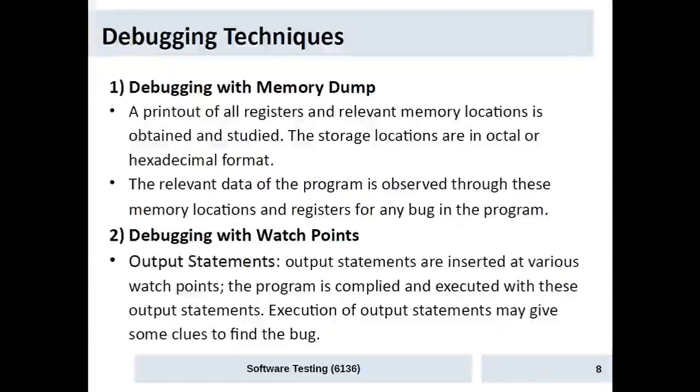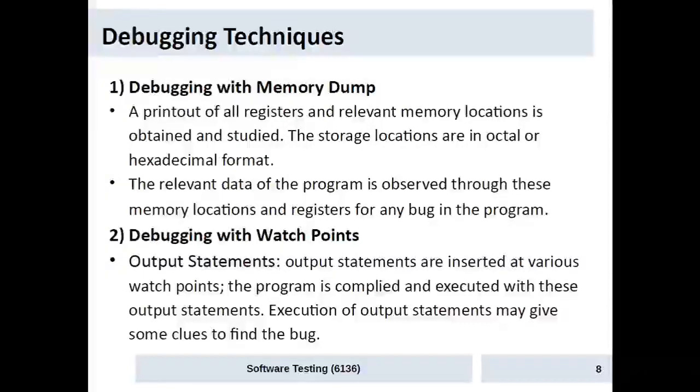First one is debugging with memory dump. In this technique, a printout of all registers and relevant memory locations is obtained and analyzed. So the storage locations which are used in the program are dumped to a file, and that file is analyzed carefully to find the exception.